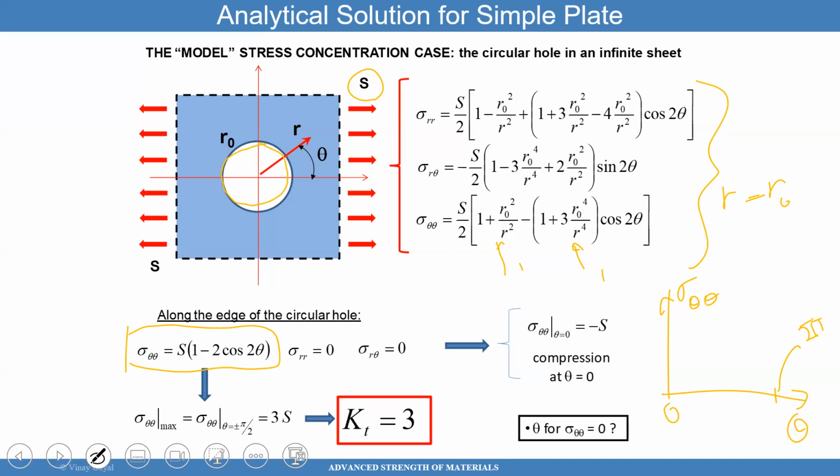So if I choose the value of theta equals 0, let's say this point here, that's theta equals 0. If I put theta equals 0 here, I get that sigma theta theta, which is the stress going tangential to the hole, gives me a value of minus S, which is not what you would have expected.